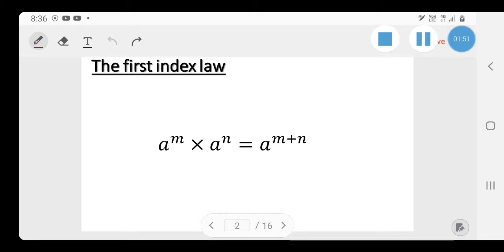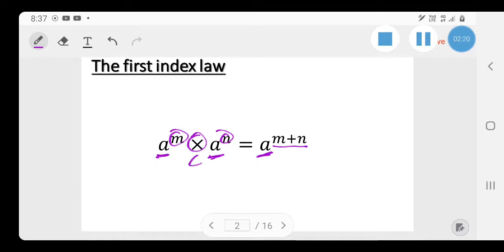Now, if you have the same base, and those two bases have different powers, and those bases raised to those different powers are multiplied together, then the answer is that base written once to the power of the two indices added together.